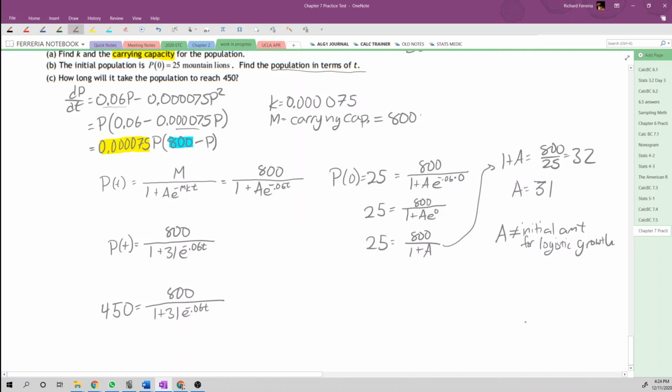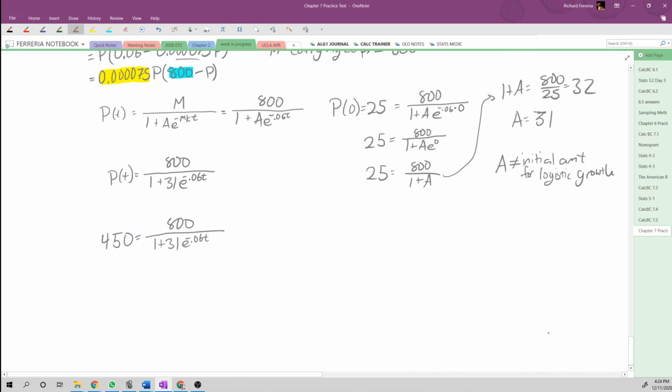Well, to solve this one, we're going to have to, again, do a little bit of manipulation of the fractions, and we'll say 1 plus 31 e to the negative 0.06 t is going to be equal to 800 on 450. 800 on 450 is 1.7.